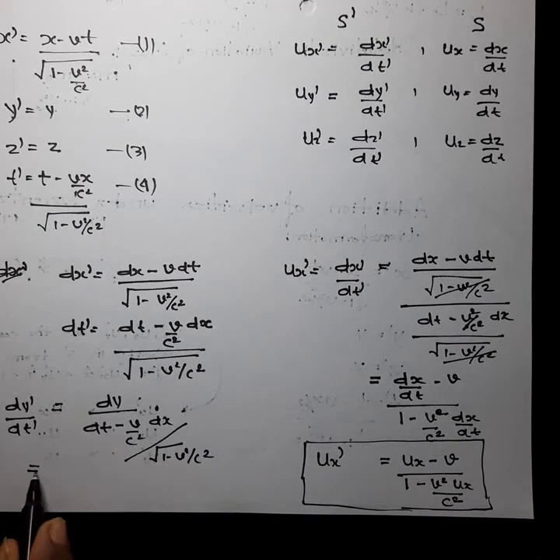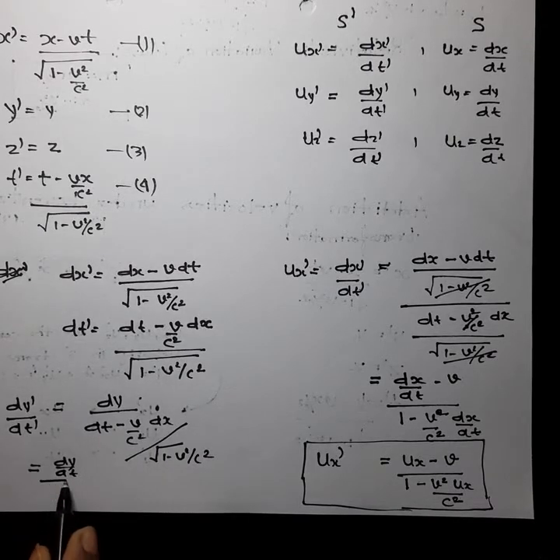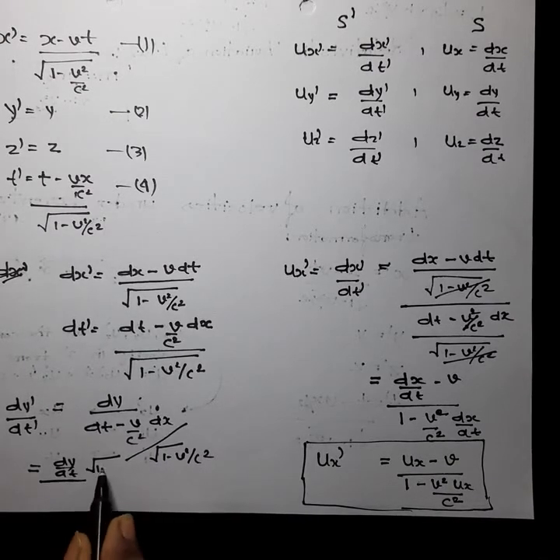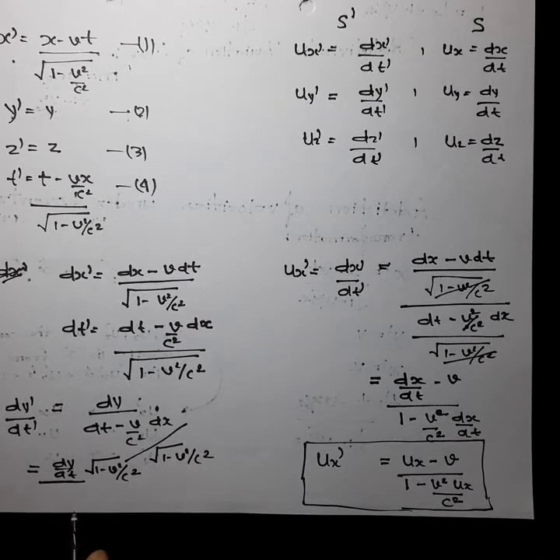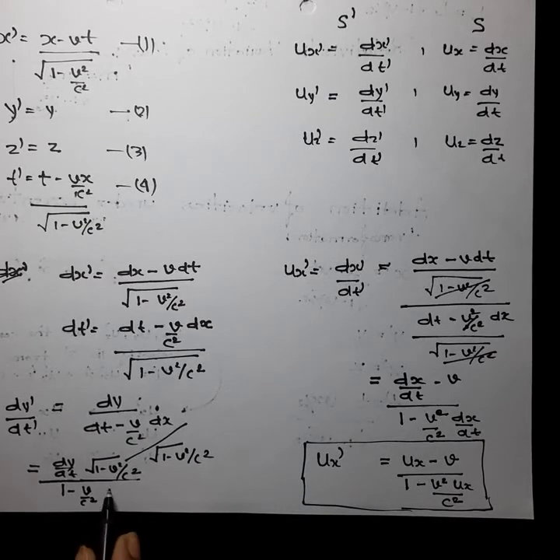You can again write it as dy by dt multiplied by square root of 1 minus v square by c square, divided by 1 minus v by c square dx by dt.